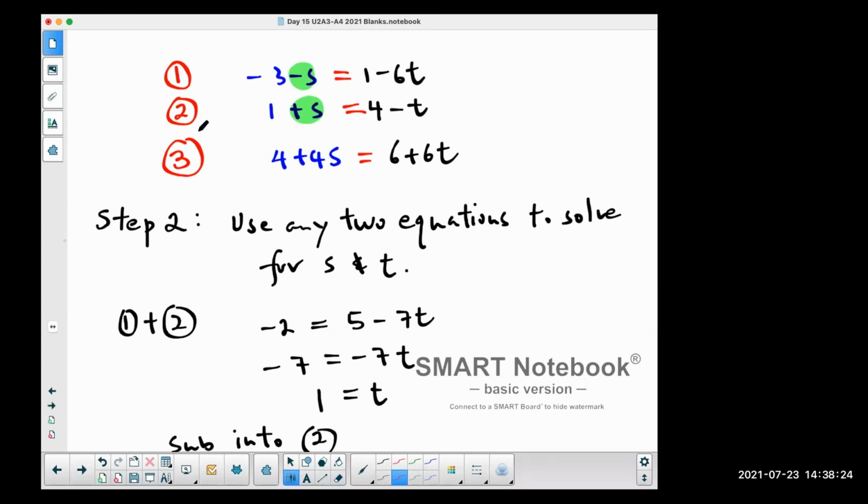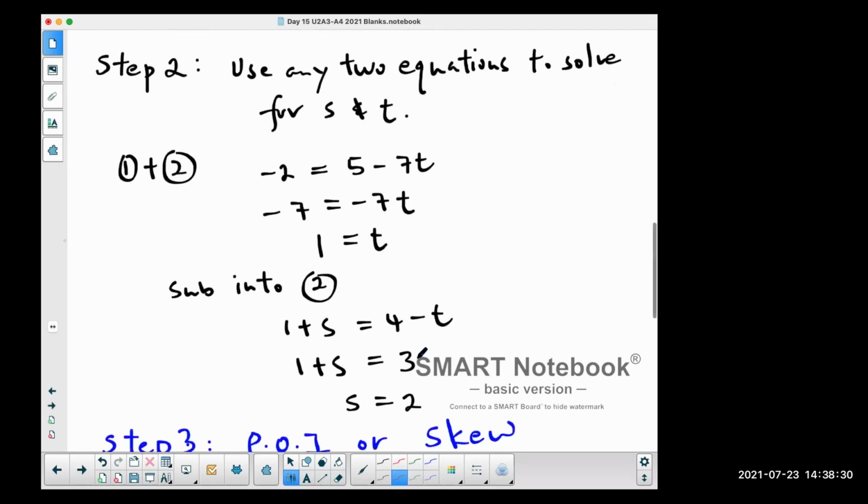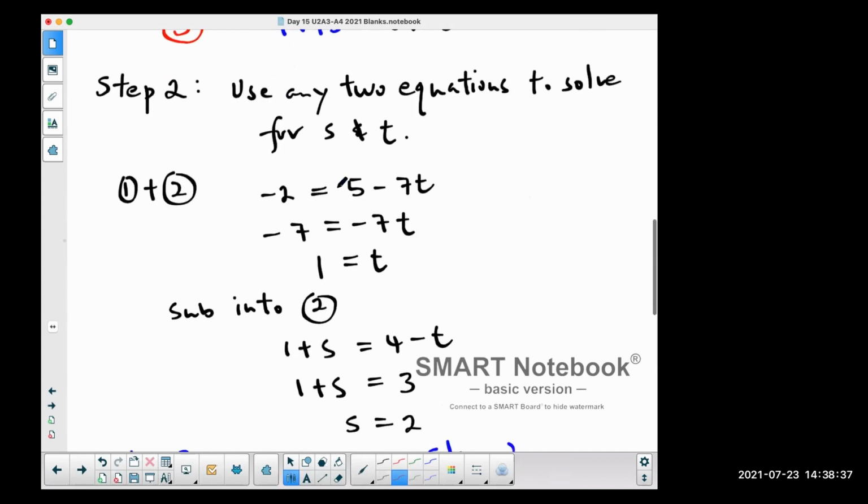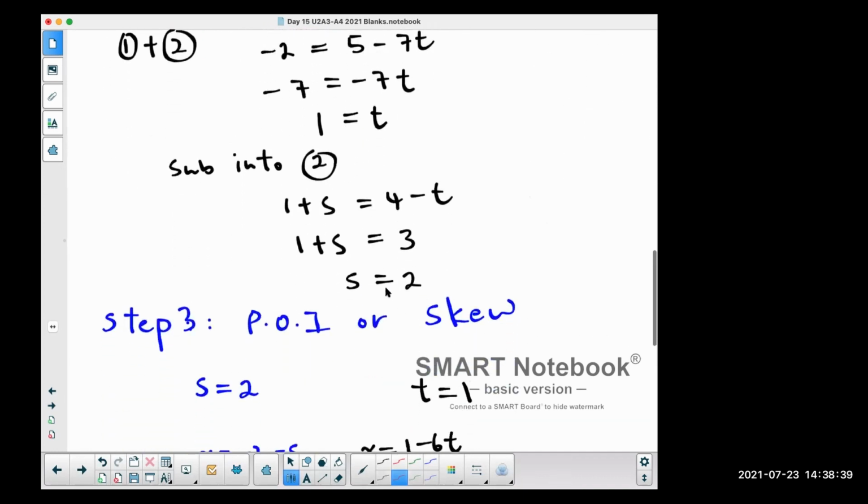I add these 2 equations, I'm going to eliminate the letter s. So I get negative 2 equal 5 minus 7t and solve for the value of t. Once you get the value of t, you sub into any of those 3 equations to solve for the value of s. Right? Substitution, elimination. You did this back in grade 10.